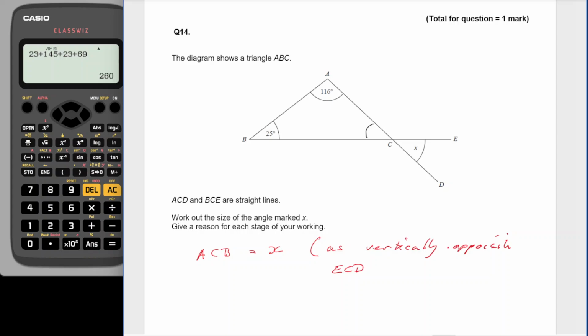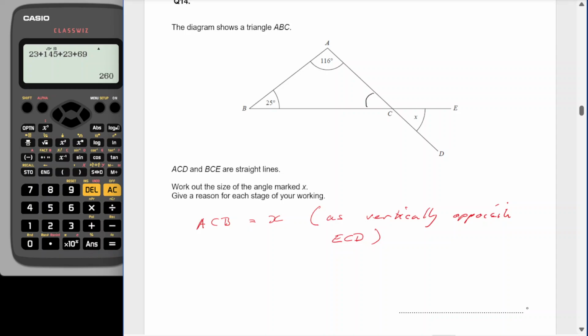ECD, so that's going E to C to D. And then angles in a triangle need to equal 180 degrees.